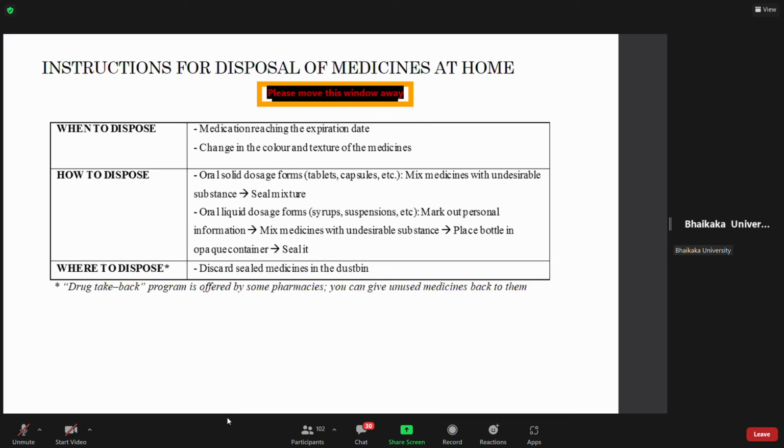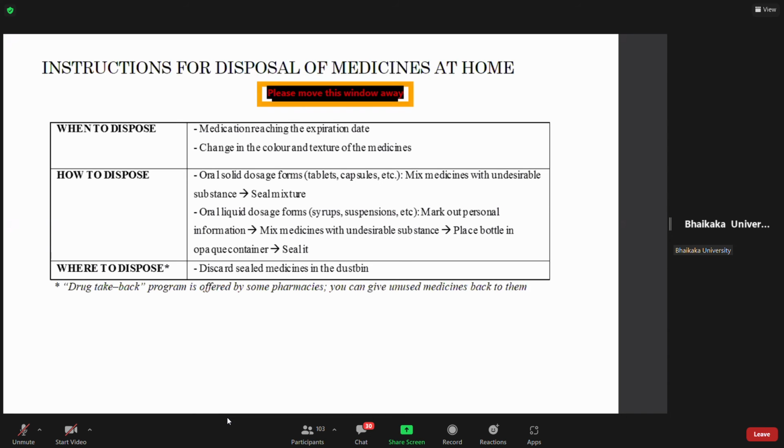Then we have to dispose the medicine as it may affect its efficacy. So any change in color, any change in texture, you have to dispose the medicine even before the expiry date.